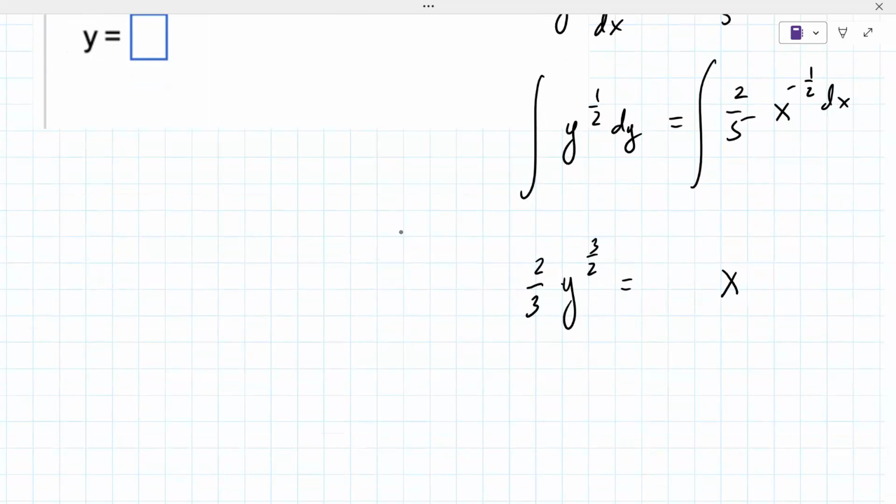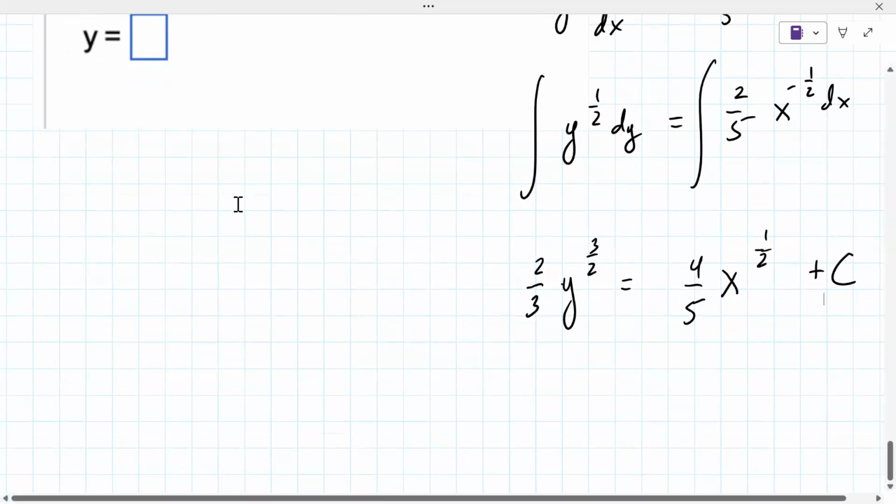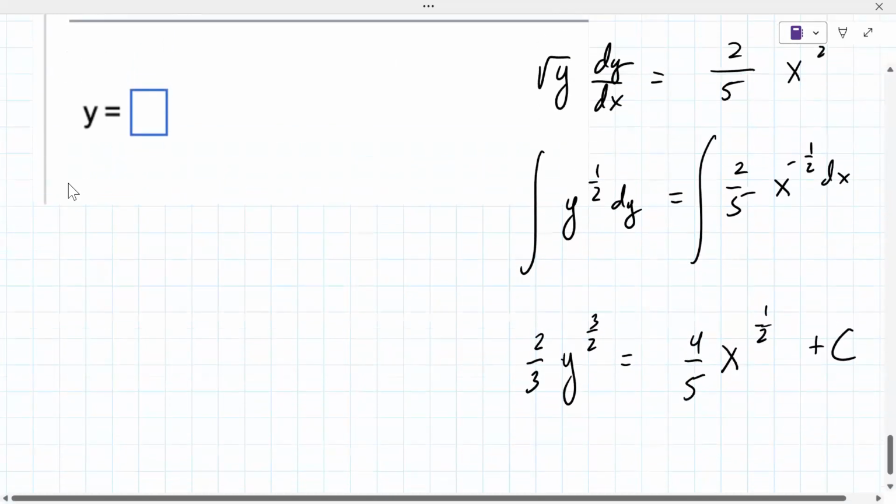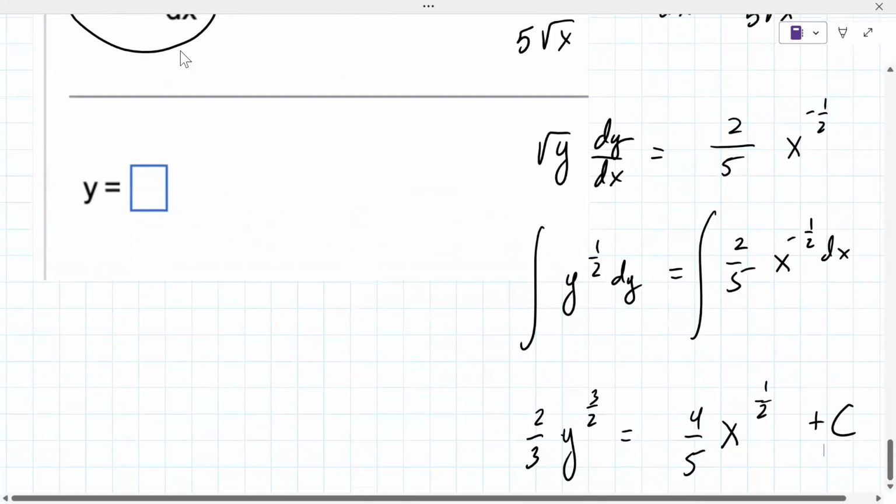This is x to the 1/2, 4/5. That's simplified, by the way. You can check that later if you want. Because like before, you just had y equals, and you could take a derivative and see if you got this, which you don't have.